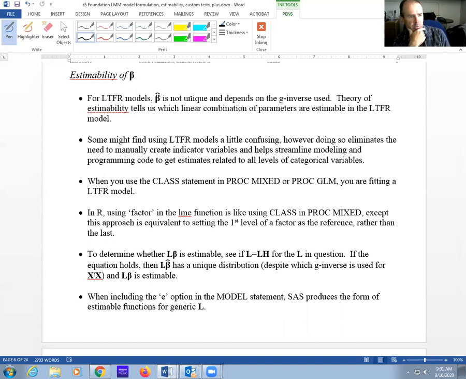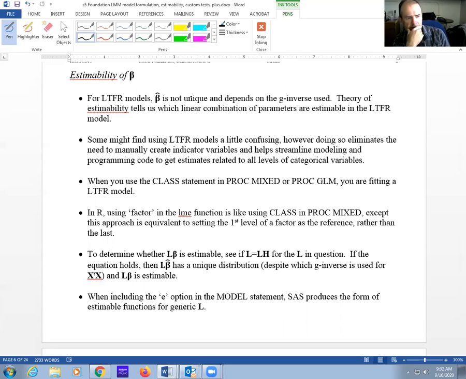And it also makes calculating contrasts and estimates easier. You can keep the levels of all variables and put in whatever coefficient you need for all the levels. So I think it's a little more intuitive when you use it.